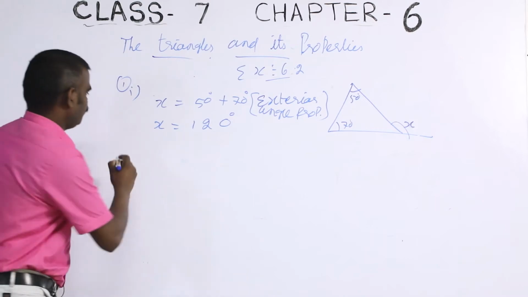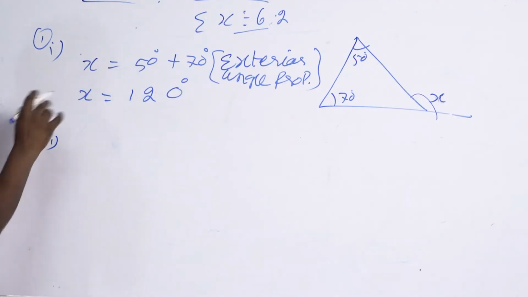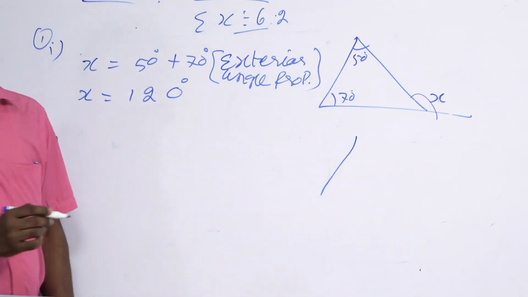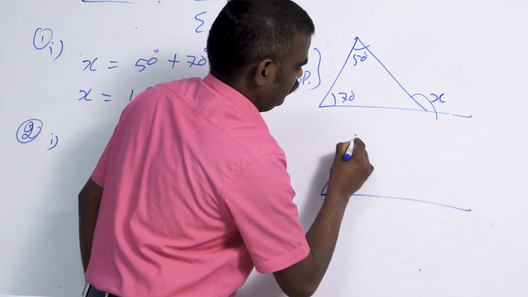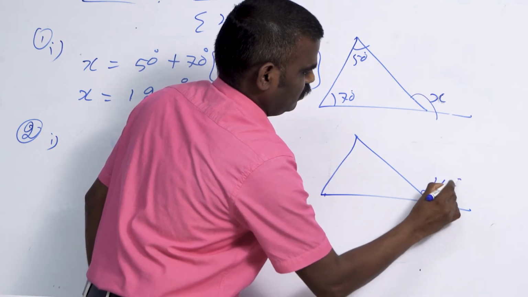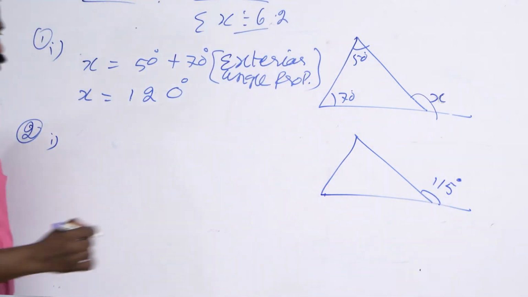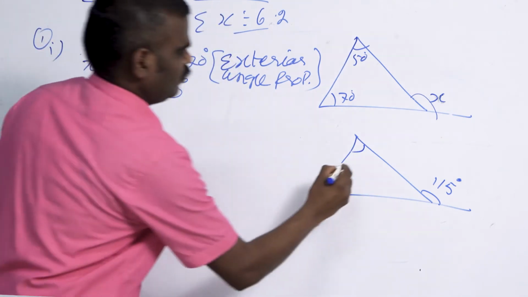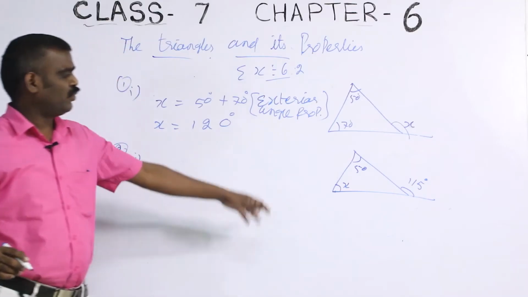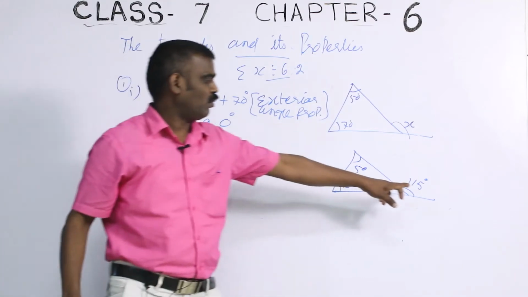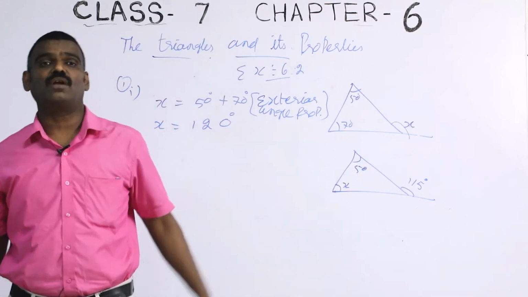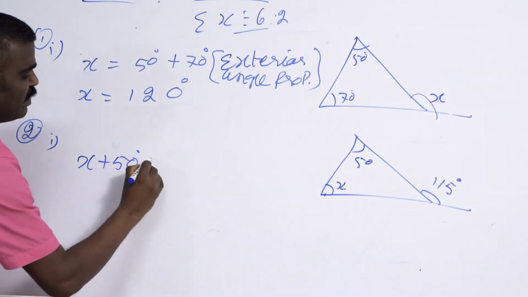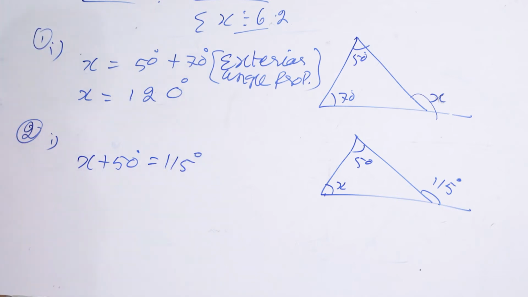Yes, question number 2 is slightly different. Here we do not know the exterior angle, we know it, but one of the interior angles we do not know. We are going to find out. So, x plus 50 degrees equals how much? 115 degree. Am I right?